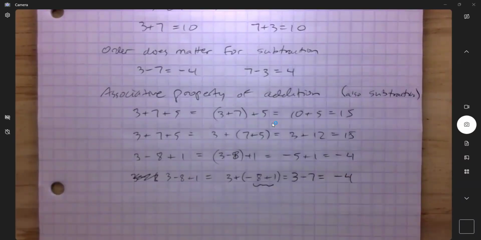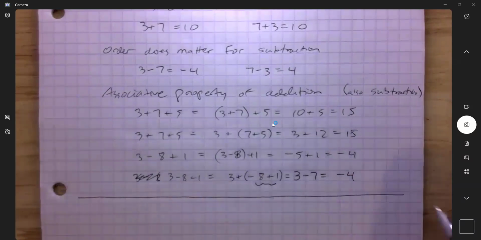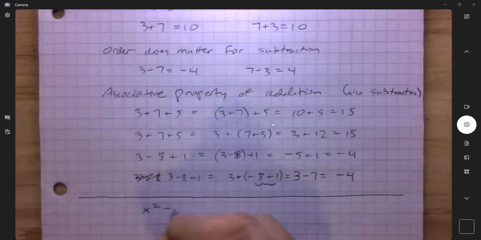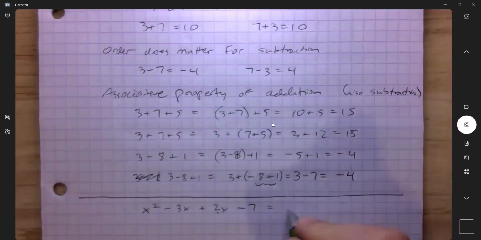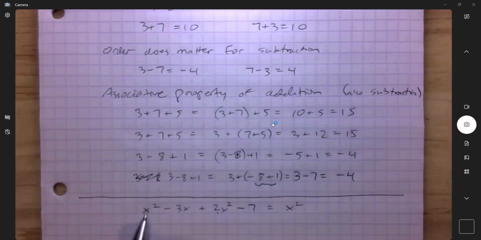All right, so what does this mean for us? Well, when collecting like terms, for example, if you have x squared minus 3x plus 2x squared minus 7, I can switch this order. X squared minus 3x plus 2x squared minus 7.